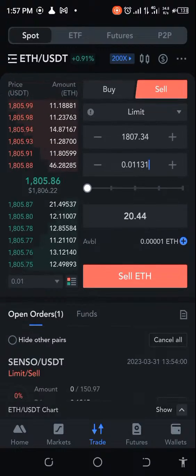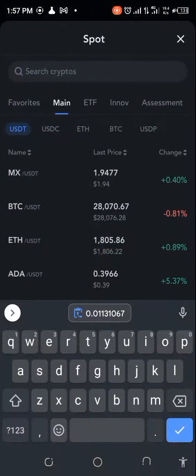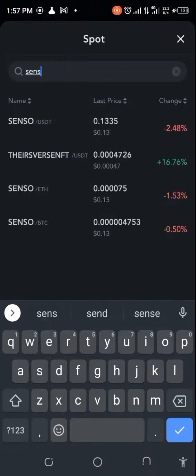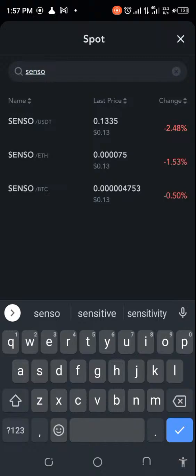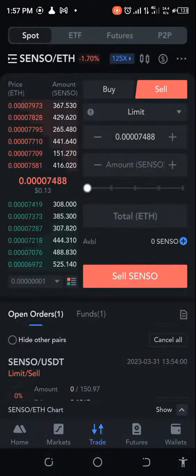Okay, let me go back. Right now, ETH is 1805. So let's go see whether that's possible. Let's just quickly do this. I'm just going to put the Senso and see whether I'm going to be able to quickly make back my money.